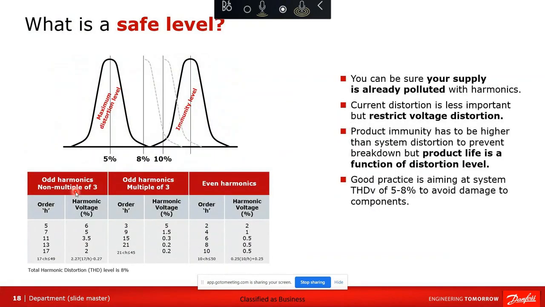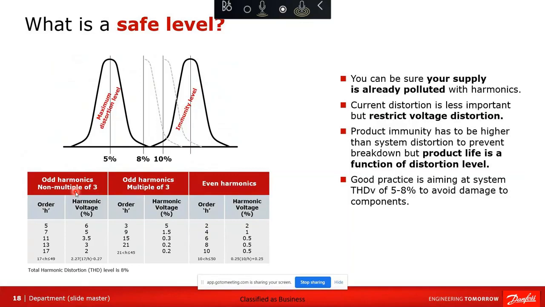So what's a safe level? IEEE came out with one in the 1980s, I think the original was 82 maybe. Then they did it again in 92, and they just released it in 2014. It gives you some guidelines for voltage distortion, and it's based on three different levels.